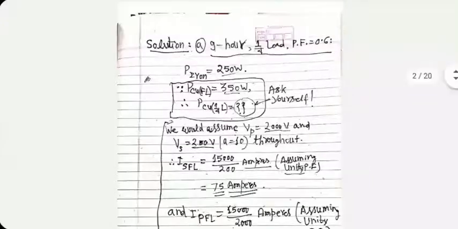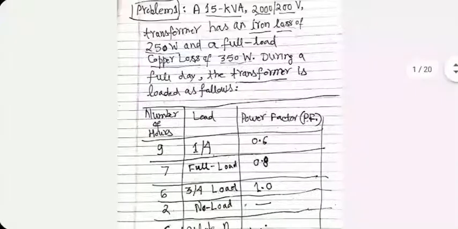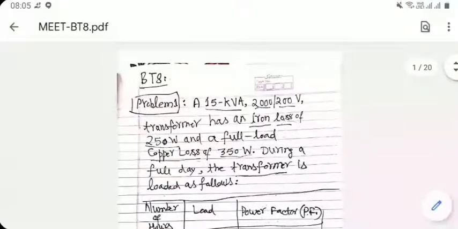Just out of curiosity. 15 kVA is the recommended rating. That divided by 2000 volt will give us primary current full load, and 15 kVA divided by 200 volts will give us the secondary current full load. That's what I've done here.